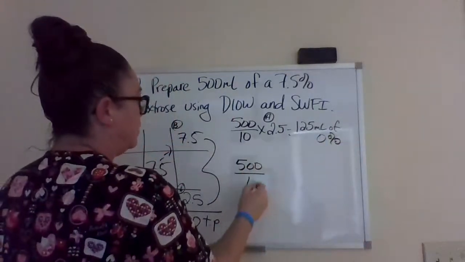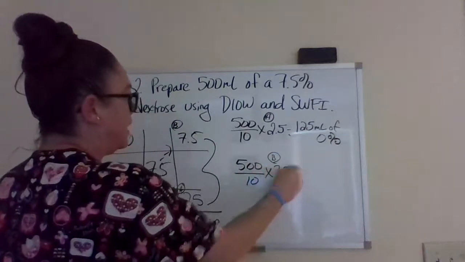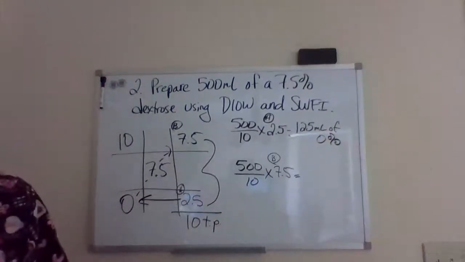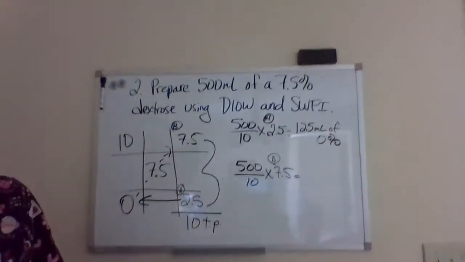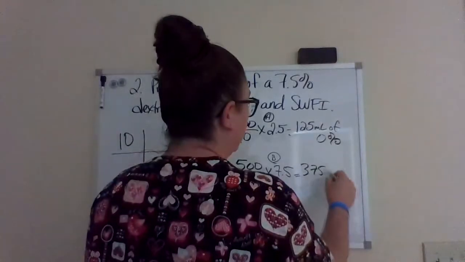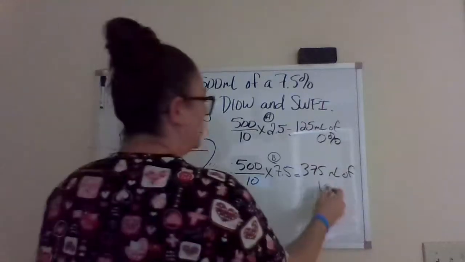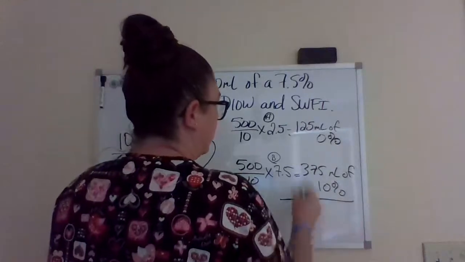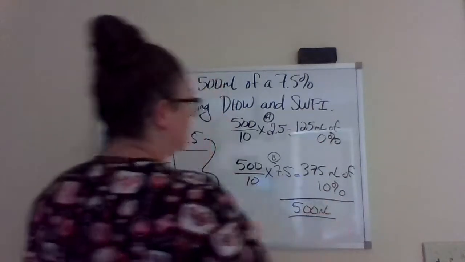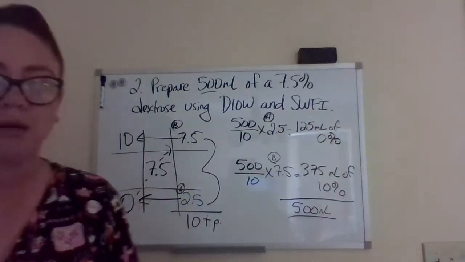Total quantity over total parts, that's exactly the same, but we're going to multiply by the number in B spot. And you get 375 milliliters of, and again, B represents the 10%. So when you add 375 and 125, you get the total 500 milliliters that you are trying to prepare.